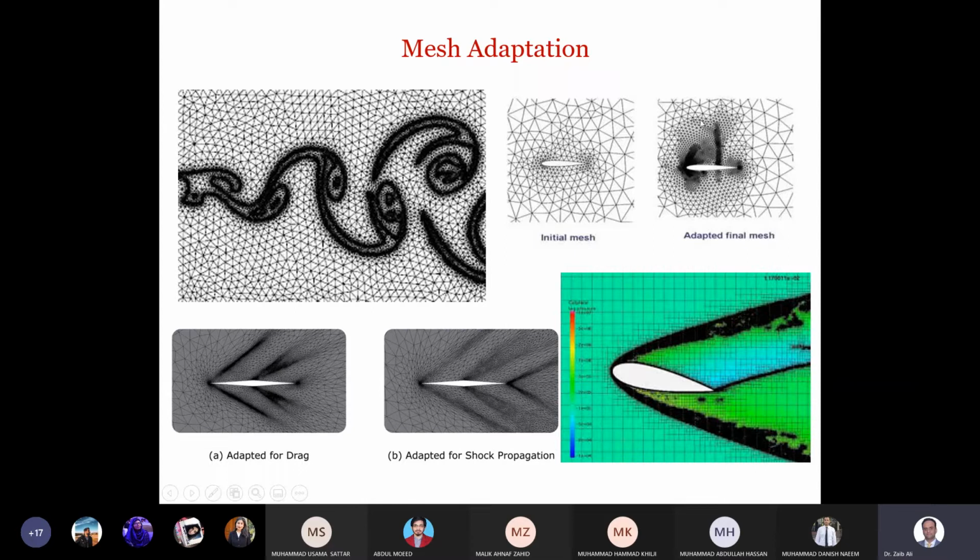So mesh adaptation is a more efficient way of only resolving those regions where we have large flow gradients or where you capture flow physics more accurately. Generally, that area is either around the solid surface, or in the wake region, or in the shock region, or the separation zones or recirculation regions.